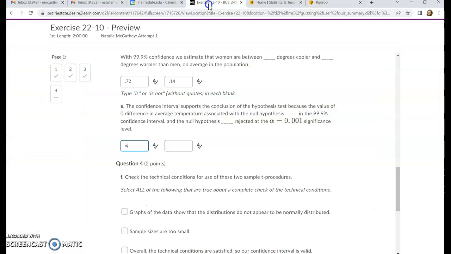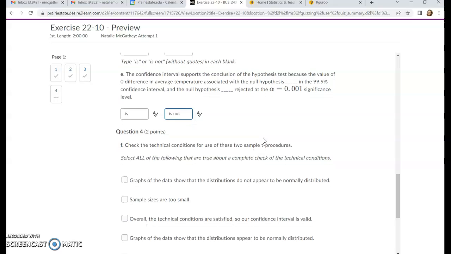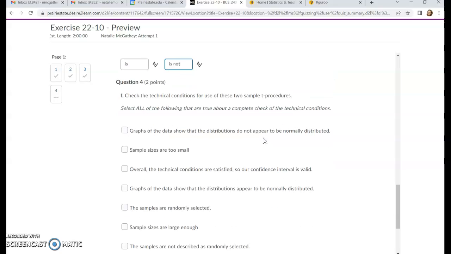And when the 0 difference in average temperature associated with the null hypothesis is in the confidence interval, then the null hypothesis is not rejected at that significance level. So those things coincide. When we fail to reject the null hypothesis, then 0 is in the confidence interval.